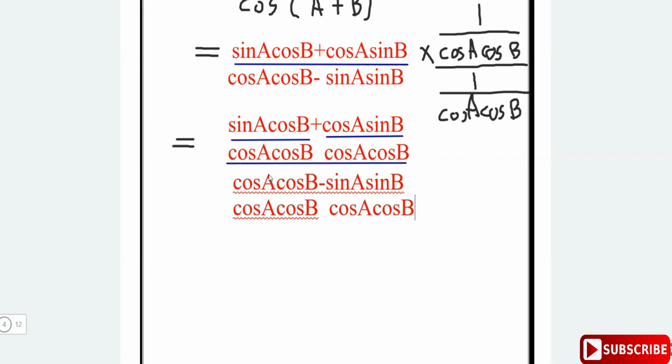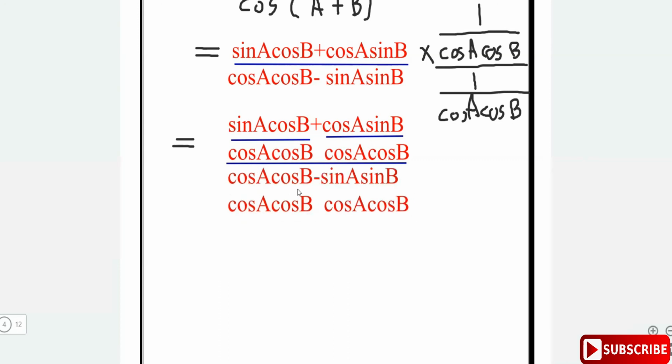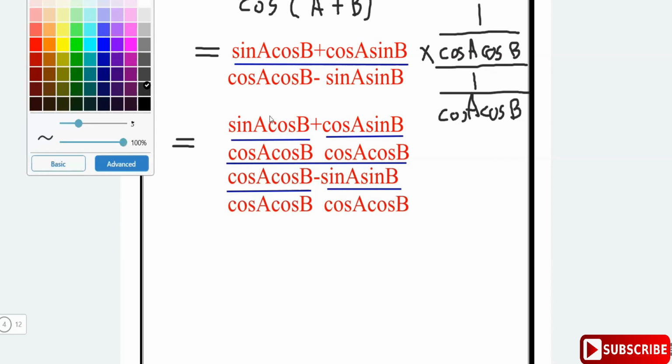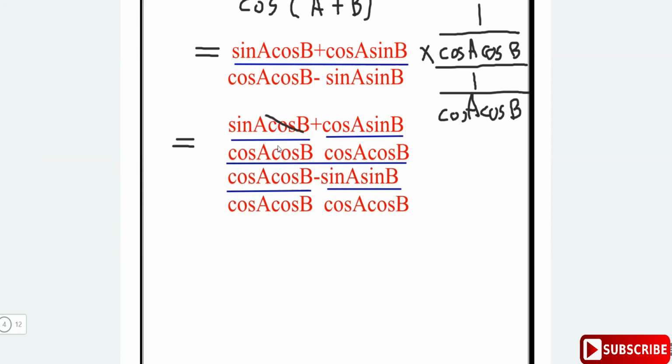All right, the only thing left for us to do now is our simplification step. Now look at this. Cos B over cos B cancels. Cos A over cos A cancels.